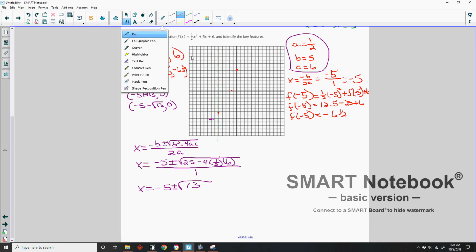So that will be negative 8 point something, right around here. And then we could also go over 5 to my axis of symmetry, 5 to here. So then when I draw this, ooh, this is hard. Okay, something like that. So there is the graph of my parabola, and there are the 3 key elements.